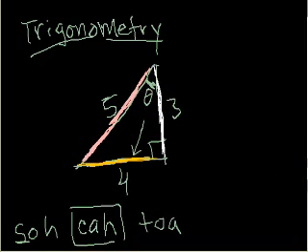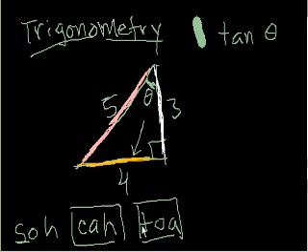Okay, one left, the TOA. So if you remember what I said a little while ago, we'll figure it out. What is the tan of theta, or the tangent of theta? Well, let's go back to our mnemonic, TOA, right? TOA is for tangent, or T for tangent.